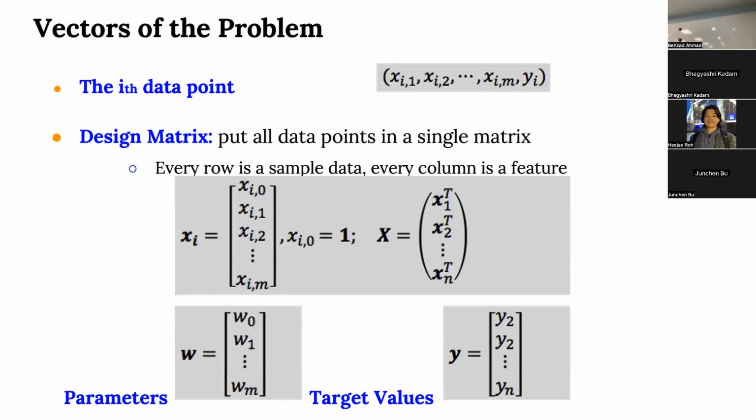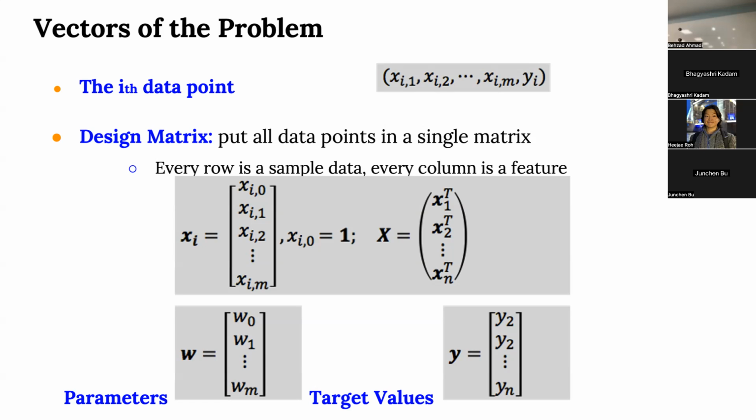In the house example, number of bedrooms for the first house, number of bathrooms, square footage, whatever. Then the second house. We put them all in one, and this is X. These are the number of samples, and these are the number of features. You can put them in this big X.